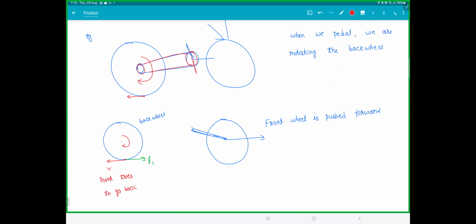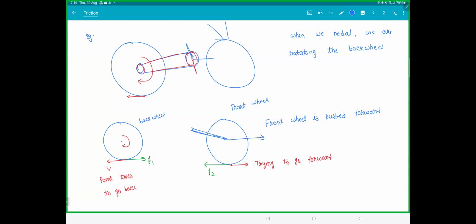That means this point is trying to go forward. That means the front wheel is trying to skid, so the friction will be backward. So whenever you're pedaling a cycle, the friction on the back wheel is forward and the friction on the front wheel is backward.